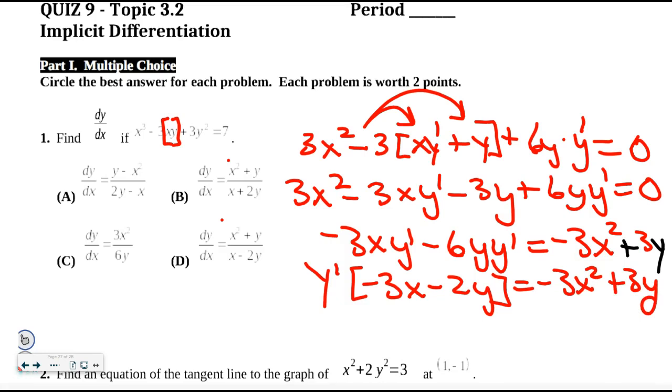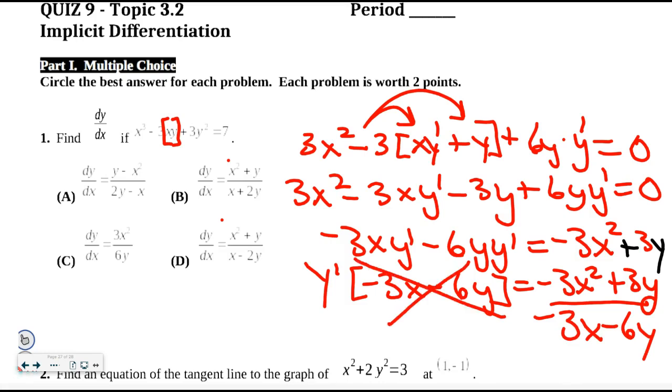Whoops. Nope. 6. Sorry about that. Now I'm good, right? So then I will subtract off, or divide, I mean, by negative 3x minus 6y. Still looking good?